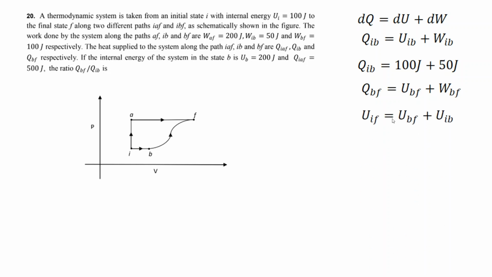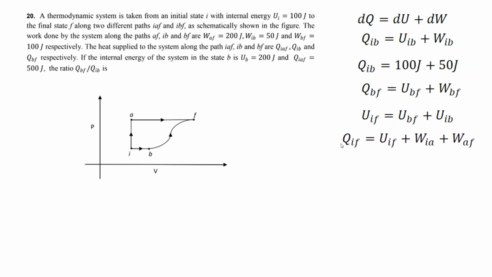So UIF, along the path IAF, is equal to the internal energy change along the path IBF. I have split that into UBF plus UIB. We have UIB already, and if we calculate UIF you will get UBF. So we will calculate the UIF.